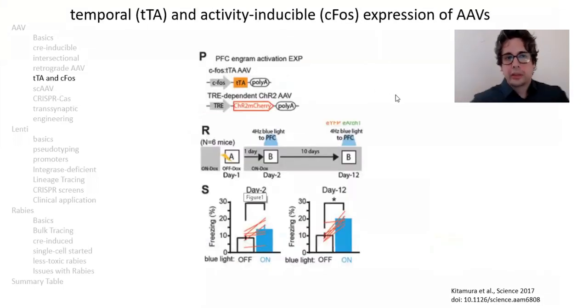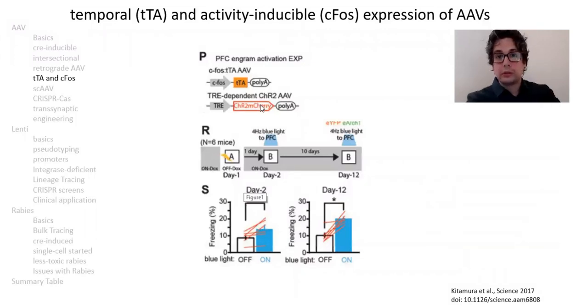Now, another thing that in neuroscience is particularly used in certain fields very extensively is activity-inducible AAVs, where you can have, in this particular example, a minimal promoter for cFos, an immediate early gene, that turns on the tTA, which in the absence of doxycycline binds to this TRE, this tetracycline response element, and then expresses this.